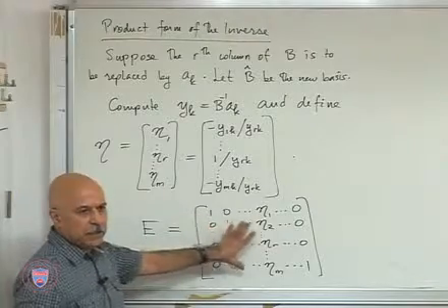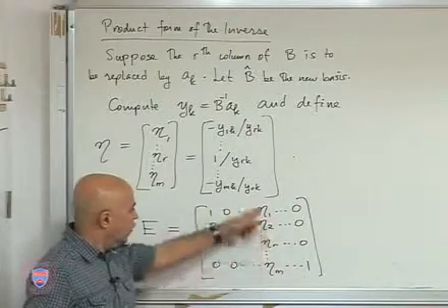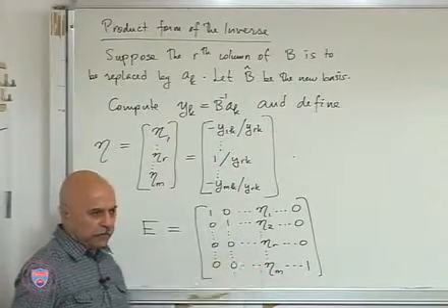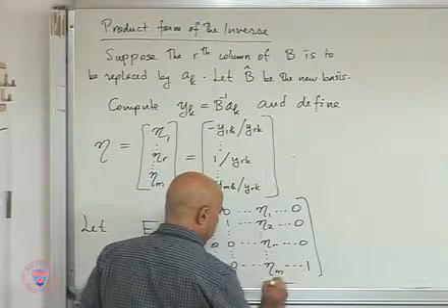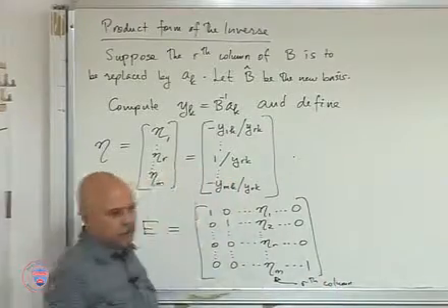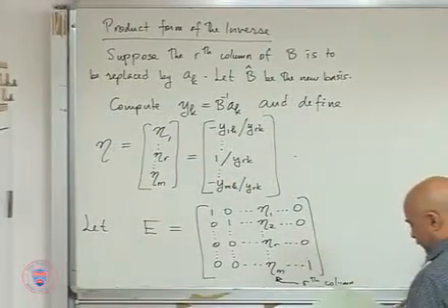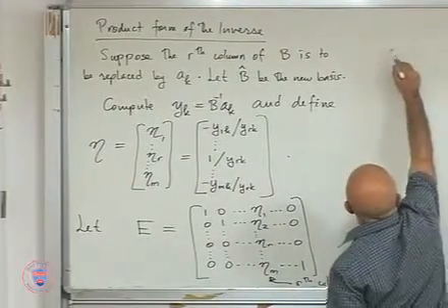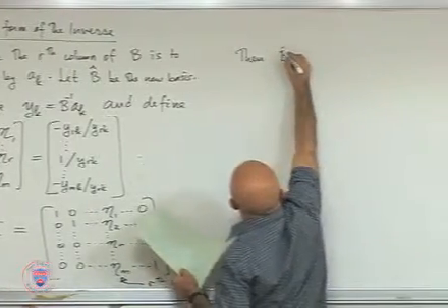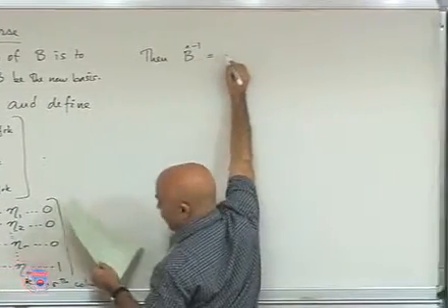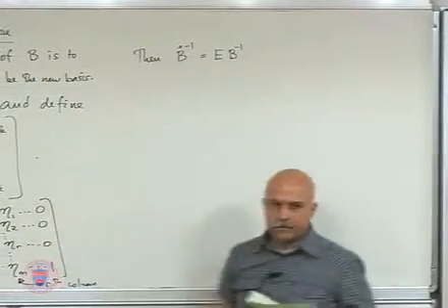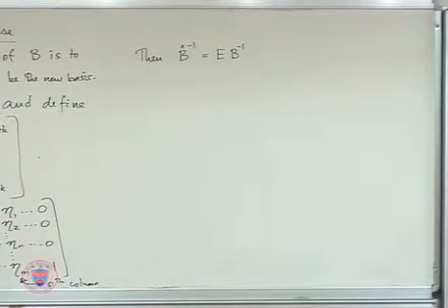So this is simply the identity matrix with the rth unit vector replaced by the eta vector. Okay? So this is the rth column of the identity, except that it's replaced now. And it turns out that the inverse of the new matrix, B cap, is simply the elementary matrix E times the old inverse. You can show that. It's really simple.